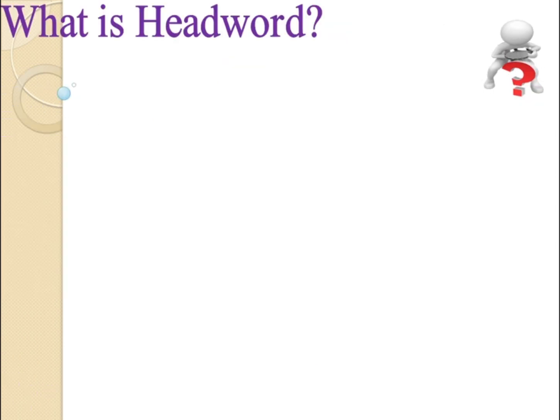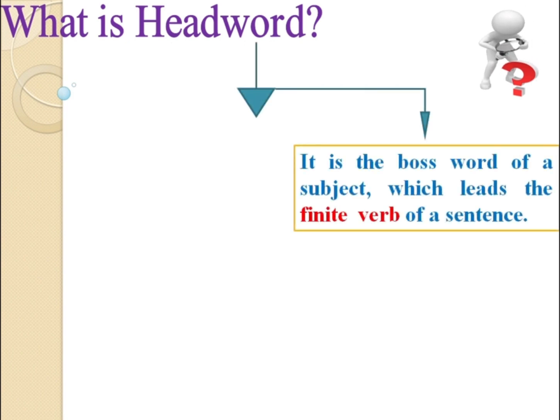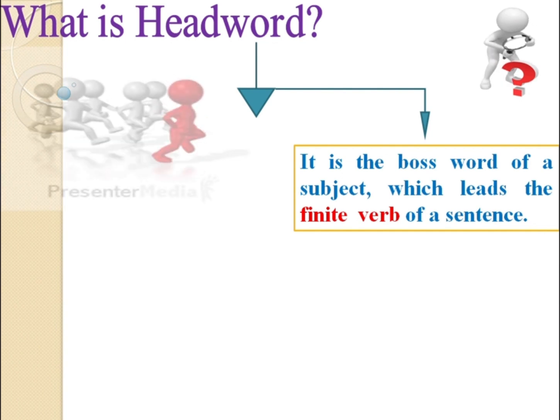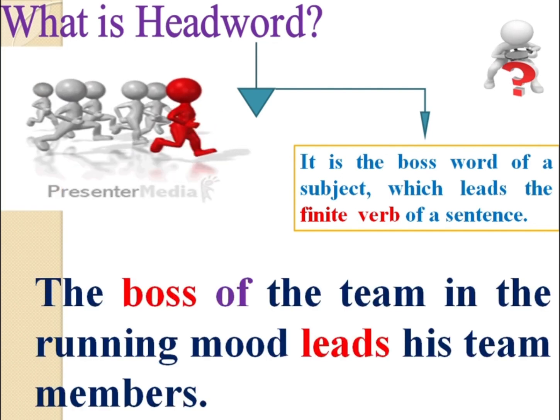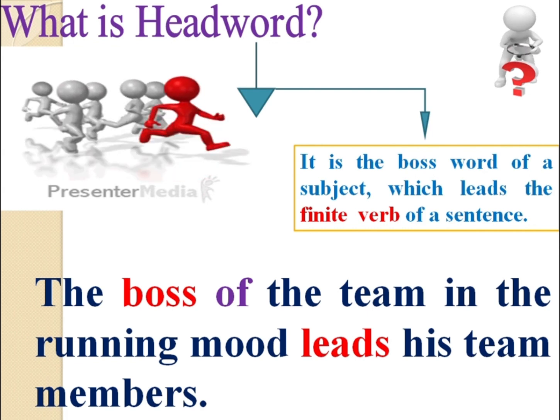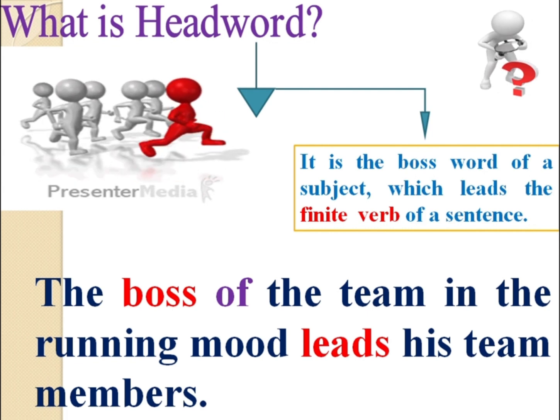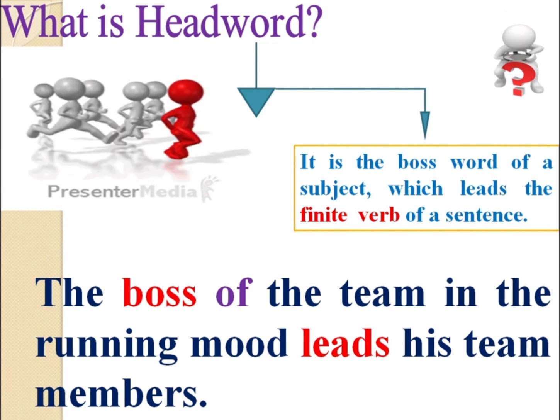So what actually is a headword? Headword is the boss word of a subject which relates to the finite verb of a sentence. Here you see the boss of the team in the running mood lists his team members.